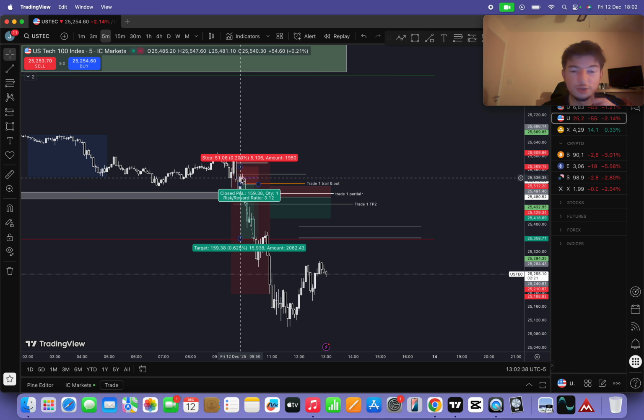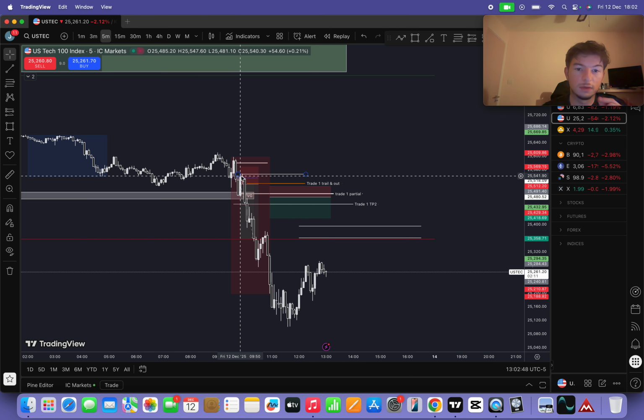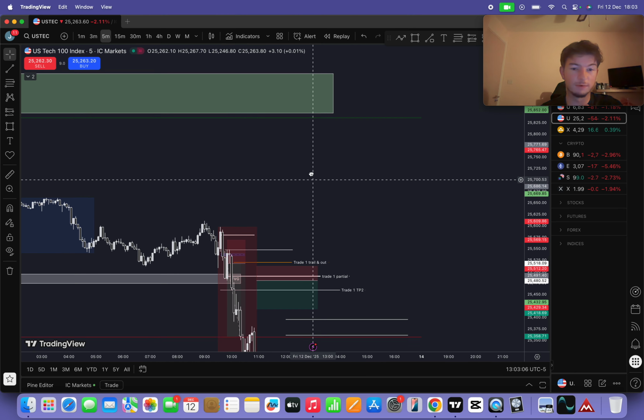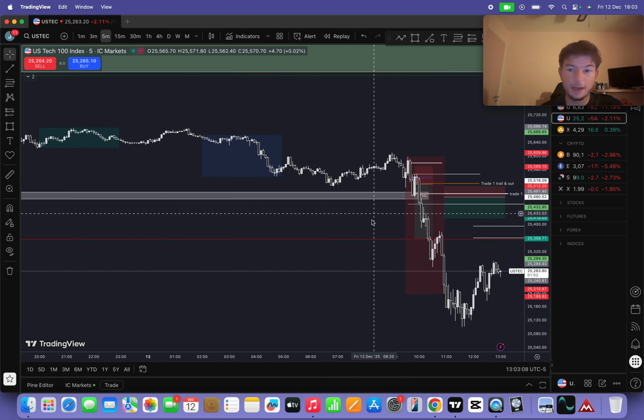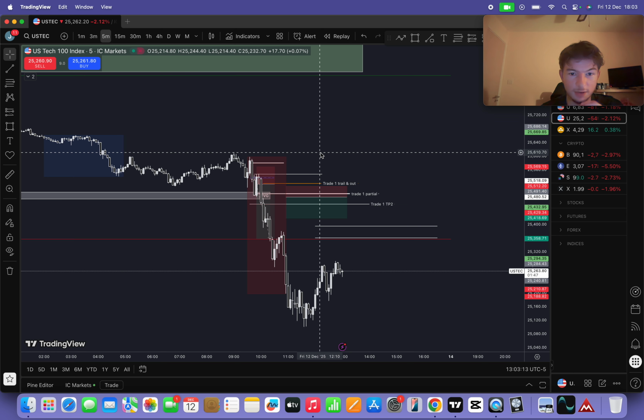So the initial entry should have been off this retracement, but as discussed with Copilot, this swing high was created here, and I was waiting to see if price was going to break below it or continue upwards to then bring us more towards a bullish trajectory rather than a bearish. And as you can see, price trades up and then comes down like that. It breaks down quite nicely.